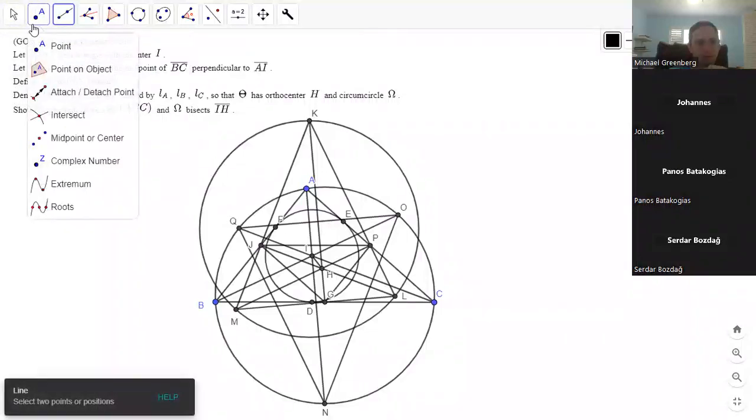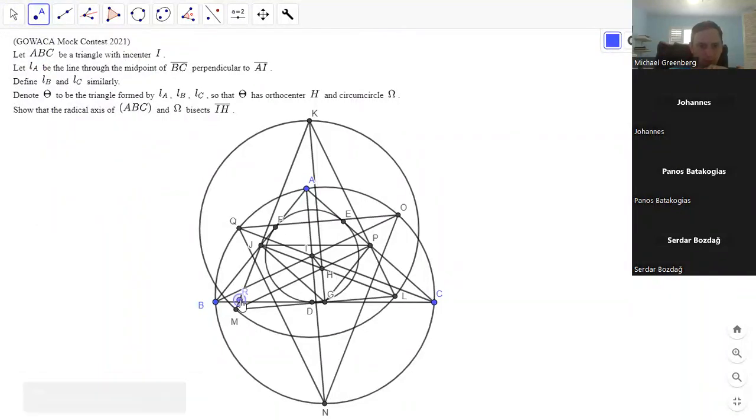Okay. So we have this point R. And then we have a point S. Sorry.